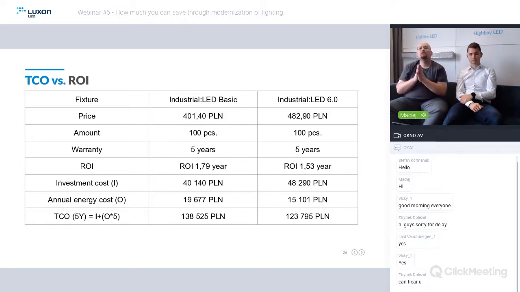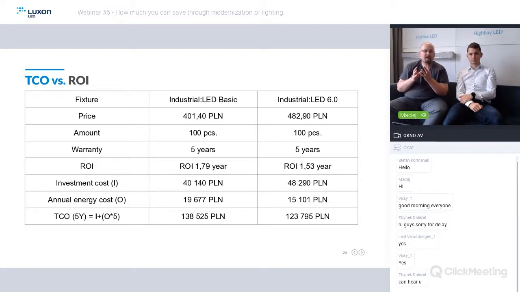So the TCO in this case, which we calculate over a 5-year period as the sum of the initial investment cost and the 5-year energy cost, for simplicity.